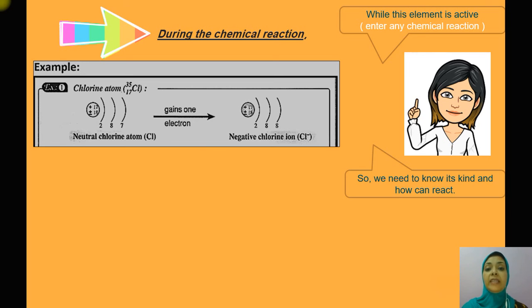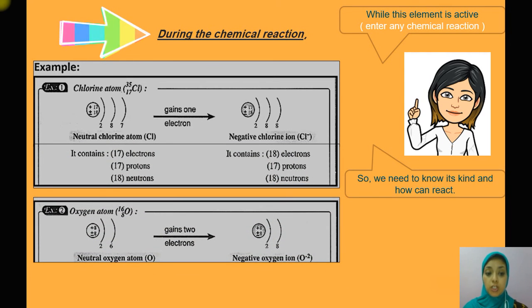So when the atom gains or loses electrons, for example the chlorine gains electrons, it increases the negative charge, so it's a negative ion. Okay, more examples.